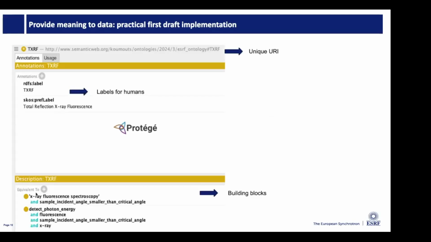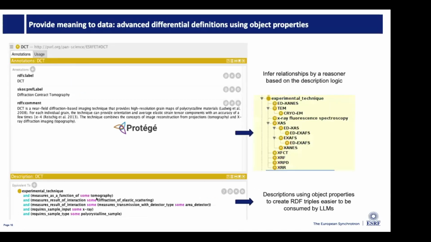Later on, you can move to more complicated things like this one, which has more complicated descriptions and building blocks and connections that can cooperate with other ontologies, like this term coming from PANET, as I told you. And later on, when your ontology is mature enough, you can move to actual definitions, give the comments, graphs, whatever you want as references, and create the appropriate definitions that can be used by LLMs or any kind of AI.